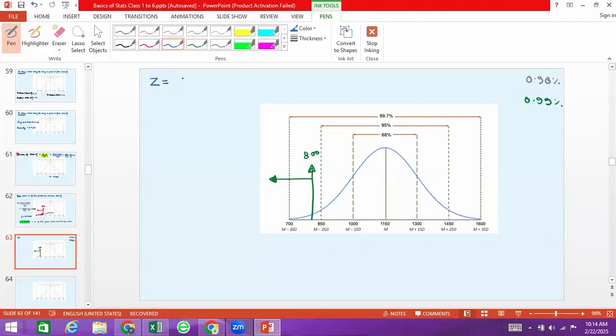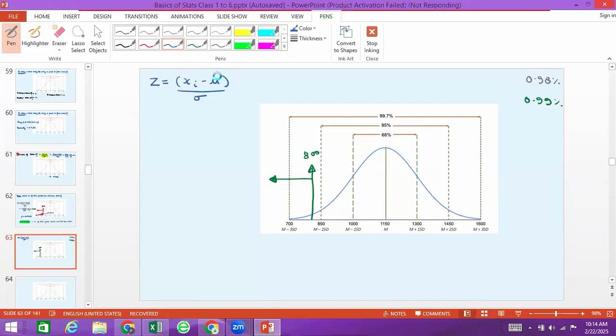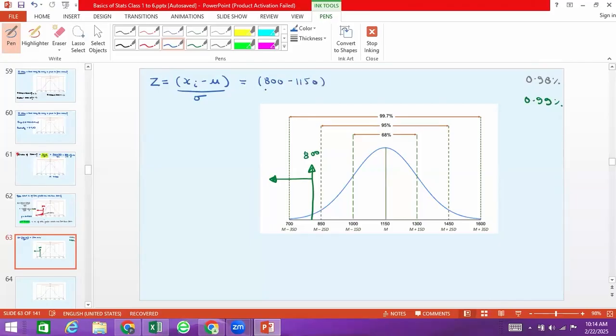Okay. Z value will be nothing but xi minus mu divided by sigma. Always make a habit of writing the formulas again and again, so that you will not have to remember it separately. Whenever you are doing something, just write down the formula again and again, and it will become easy for you to remember. 800 minus 1150 divided by 150.